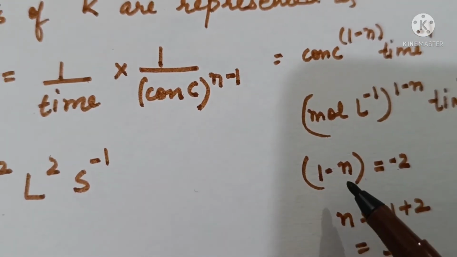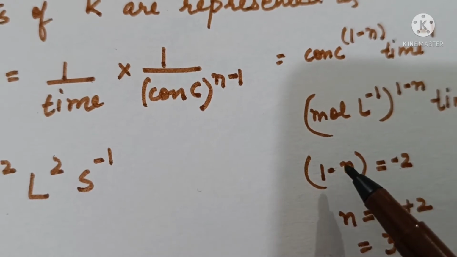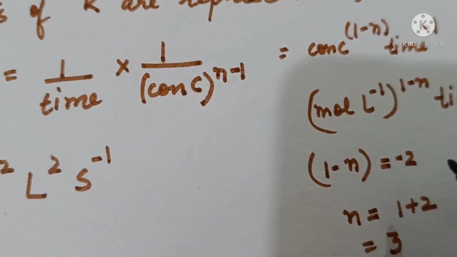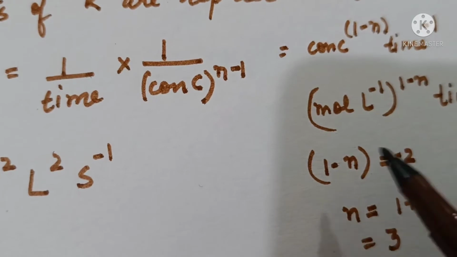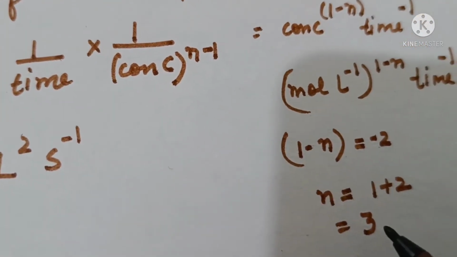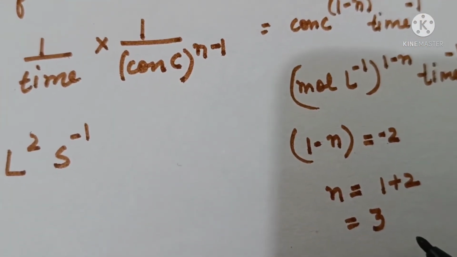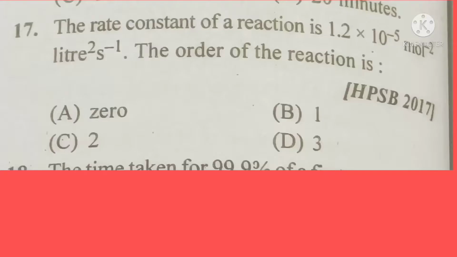So minus 2 on this side and n on this side, we get n is equal to 1 plus 2, that is 3. So the order of reaction is 3. So option D, 3 is the correct answer. The order of reaction is 3.